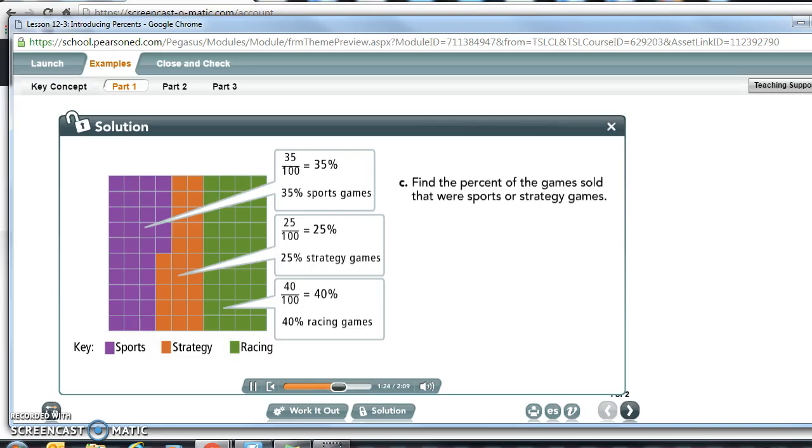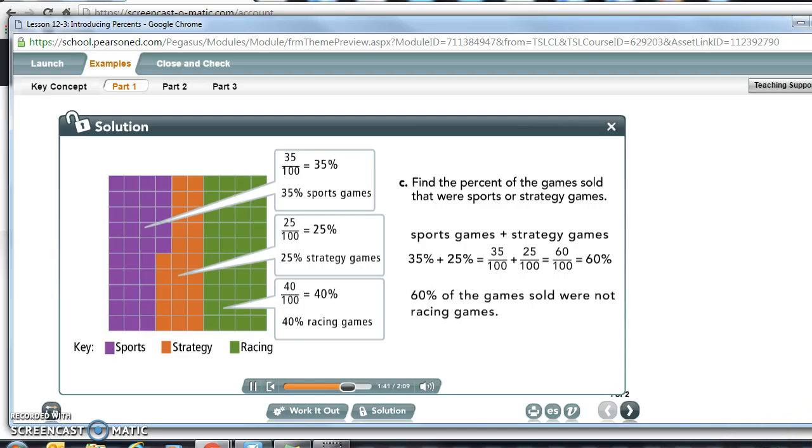Part C. Find the percent of games sold that were sports or strategy games. 35% plus 25% equals 60%. 60% of the games sold were not racing games.